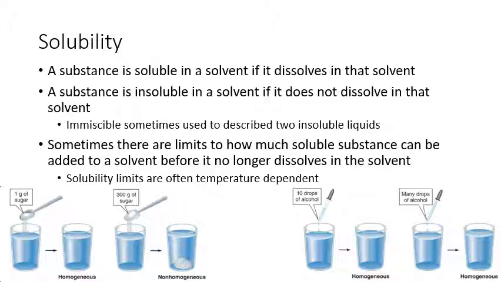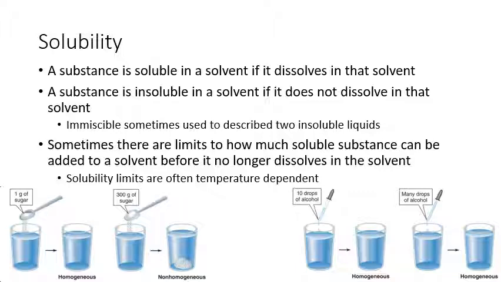If I take some sugar or some salt and add that to water, that is soluble. That does go into solution. So if you're talking about solubility, you're talking about whether something goes into solution or not. Sometimes, if you're talking about two liquids dissolving in each other, they'll use the term immiscible instead. You could say that sand is insoluble in water, or that oil is insoluble in water.